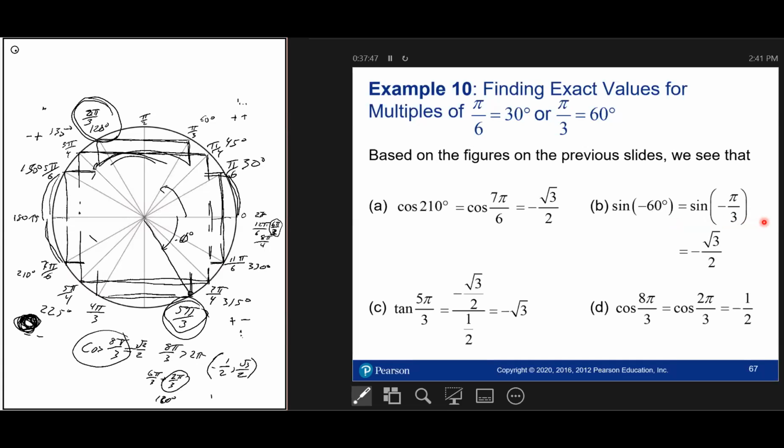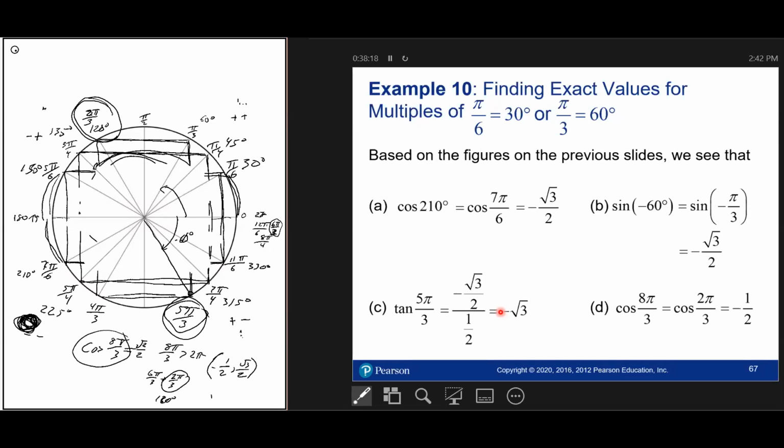Sir, tangent of 5 pi over 3. So then that is the y and the x, the y over x, right? Right, and that's what they have here on the slide. Negative square root of 3 over 2, 1/2. So then doesn't that become... what was that, 150 degrees?